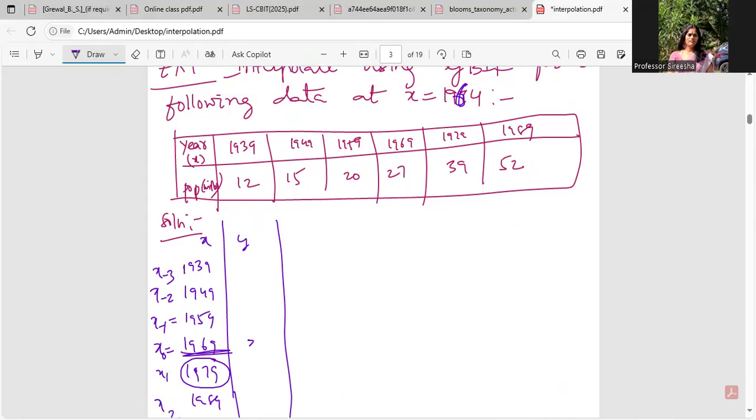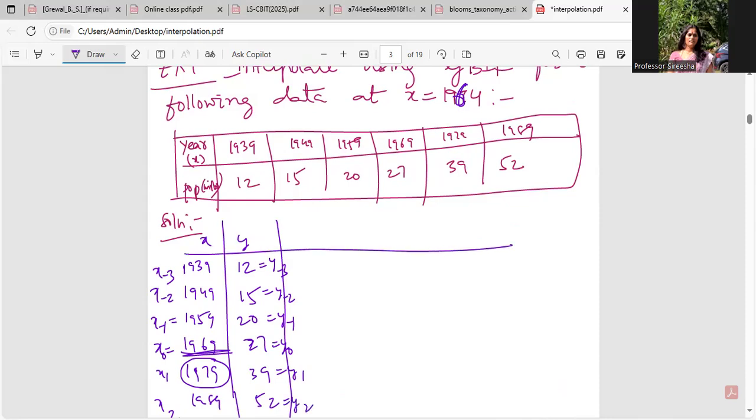Accordingly, my y values also come into picture: 12, 15, 20, 27, 39, 52. This is y minus 3, y minus 2, y minus 1, y naught, y1, and y2.